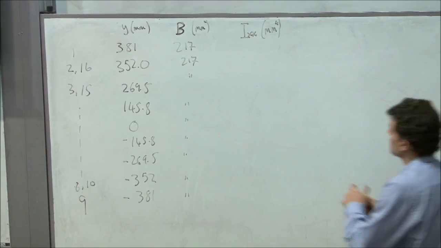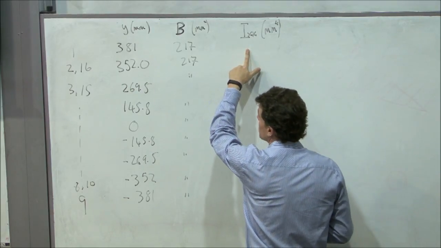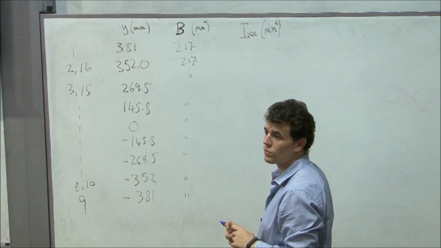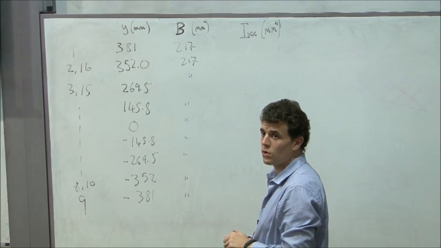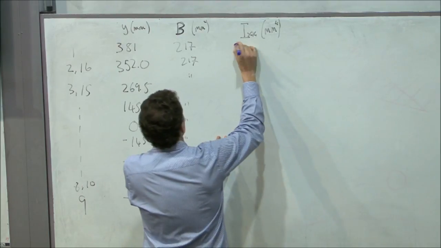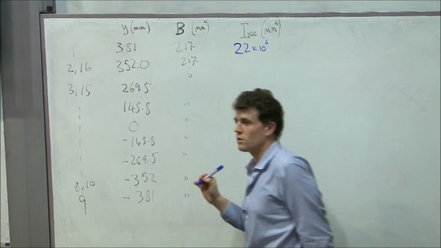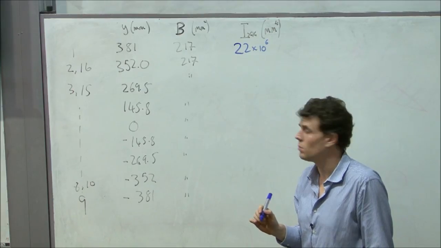Okay, has someone got this first term in here? 217 times 381 squared. That's 31.5 by 10 to the 6. Is anyone else advancing on that? Nope.